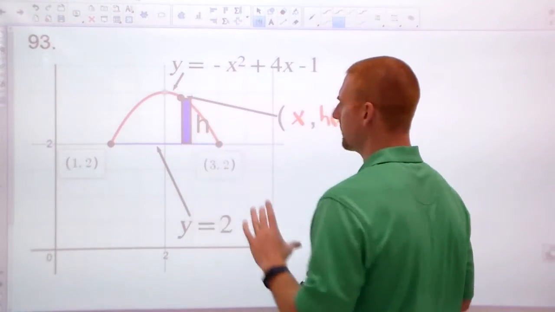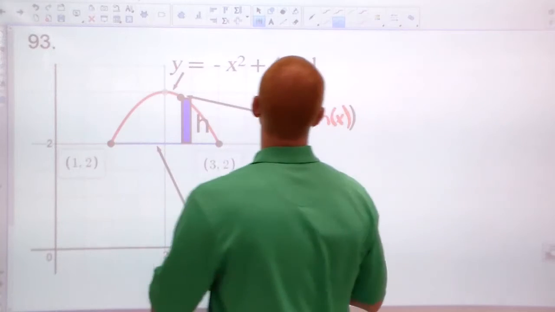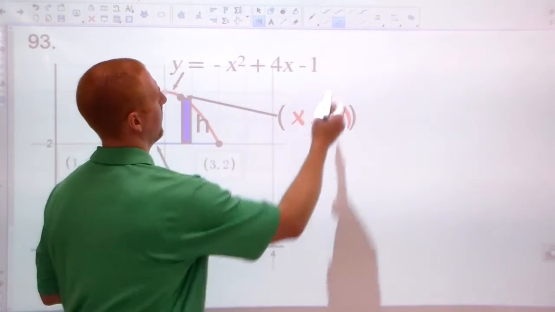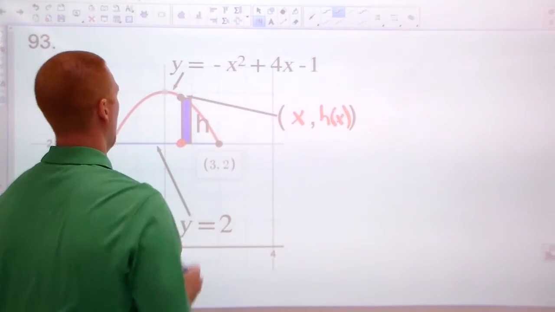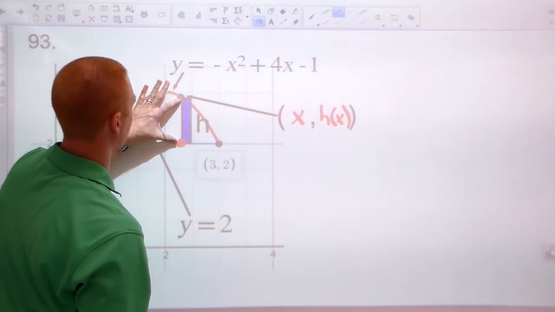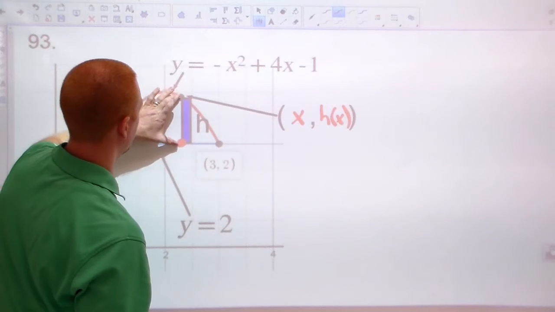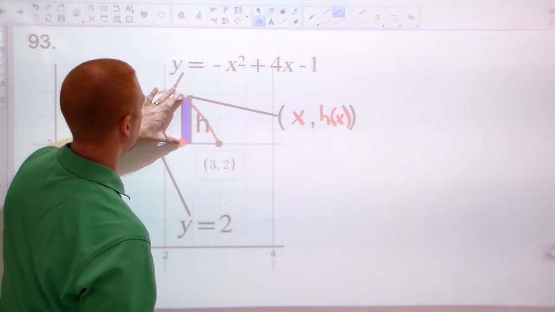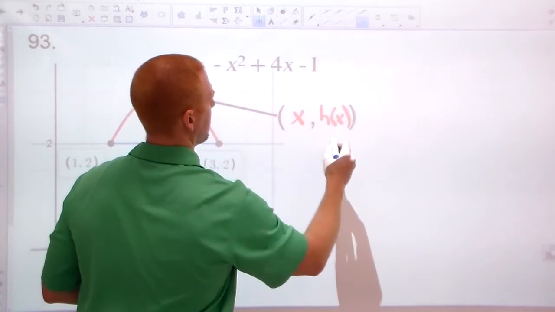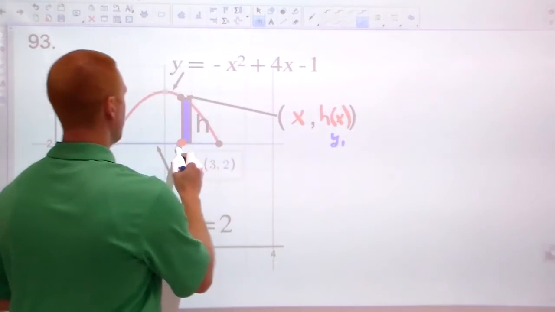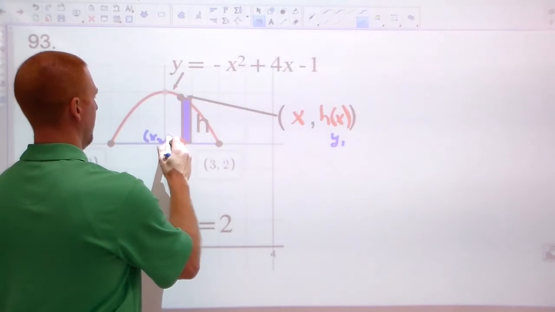So I guess the next step now is to think about how would you find the height of this thing. So we probably need a second point on the edge. If you want to find the height of the bar, well, you need to find the distance between these 2 y values. So if this was, say, instead of h of x, let me just say y1, and this point is, say, x2, y2.